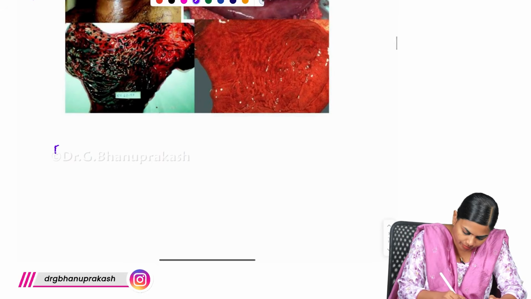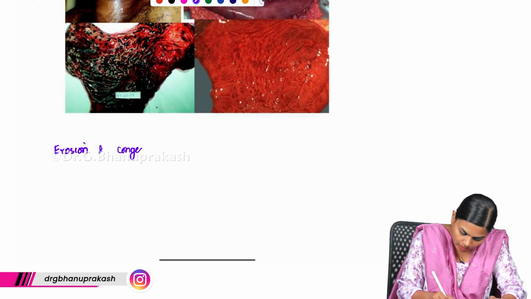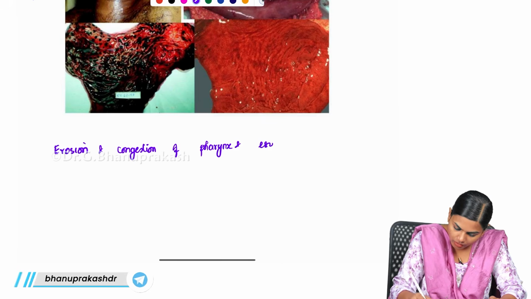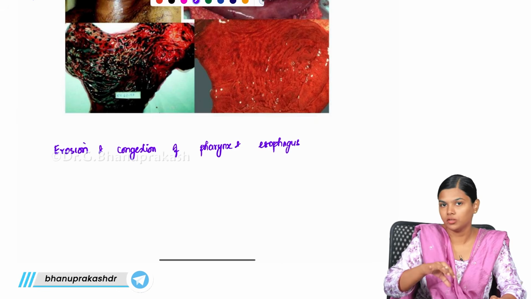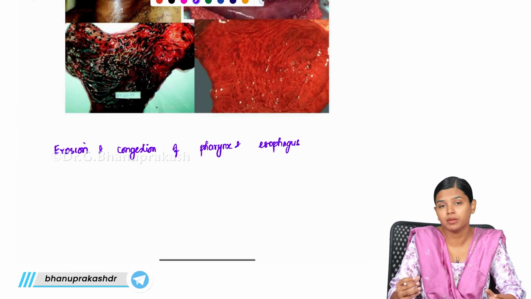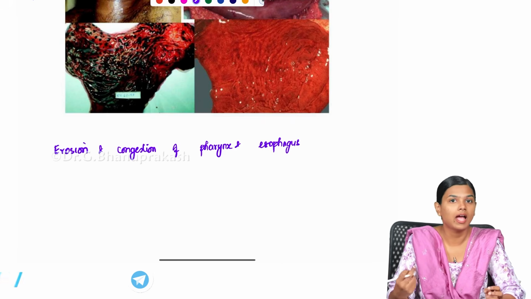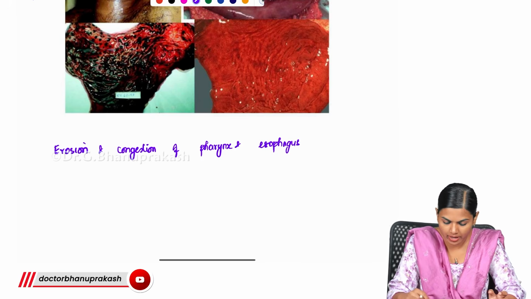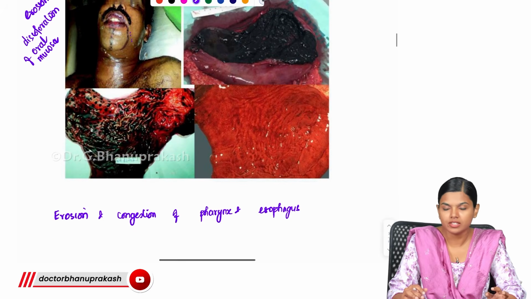So there will be erosion and congestion of the pharynx and esophagus, along the pathway where it travels. Sometimes there may be perforation also. Depending upon the acid that was used, you will be able to see a very big perforation, or stricture formation in the later period.